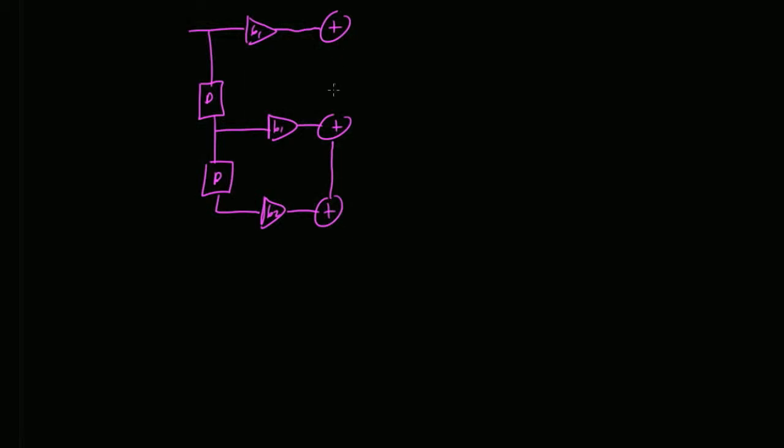So there's x of n. So probably the easiest way of doing this would be, you'd think I would remember how to do this. No, hold on. Just give me a second here.